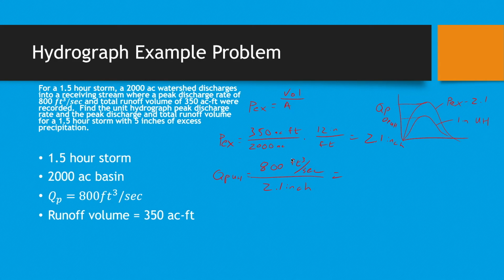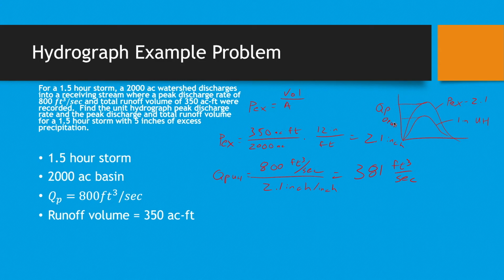Obviously, feet and inches are not going to be directly compatible units, but we don't want to convert them because we're really only using 2.1 as a scalar. We just want to scale this down to 1 inch. So you might even say inch per inch or something like that. Actually, that is probably better. So this becomes 381 cubic feet per second. That is going to be the discharge rate for our unit hydrograph.